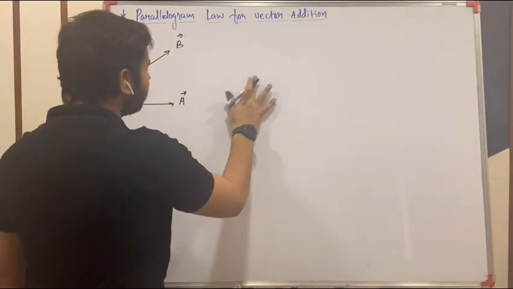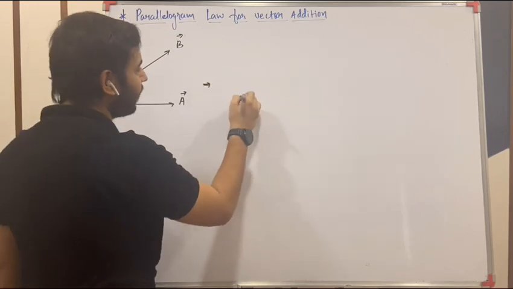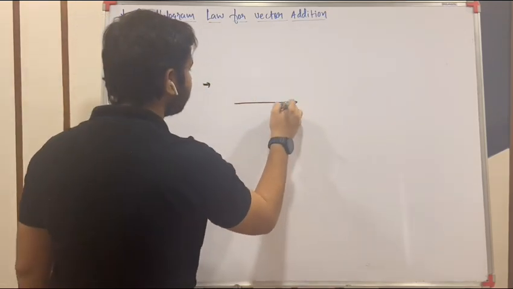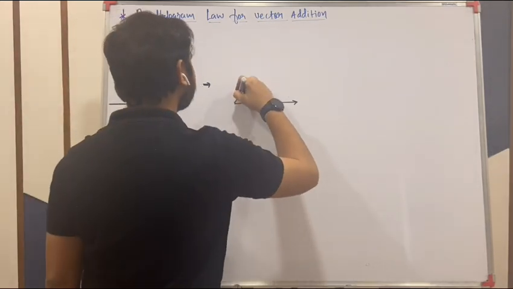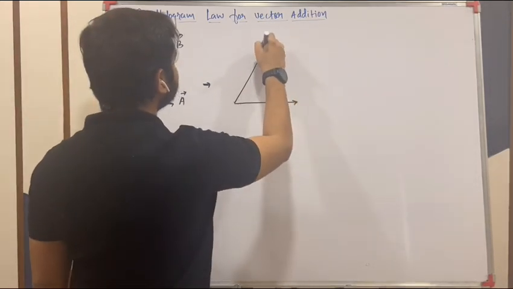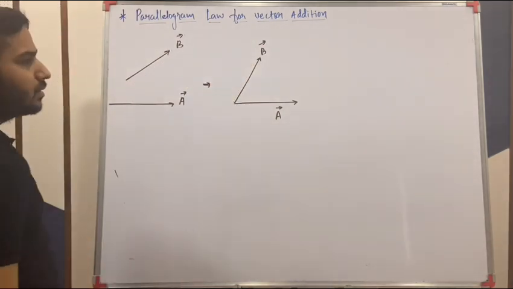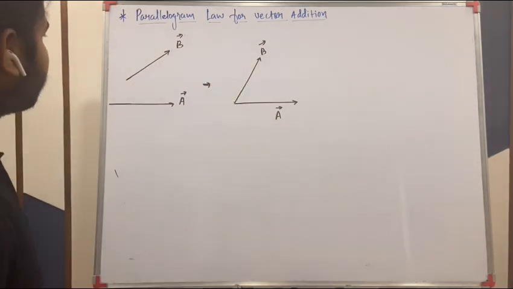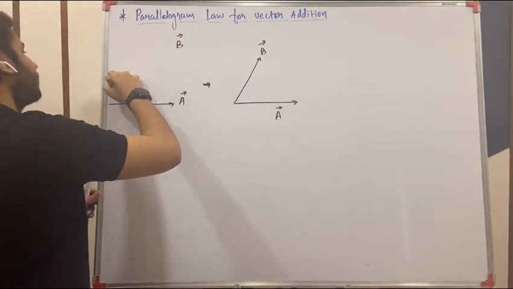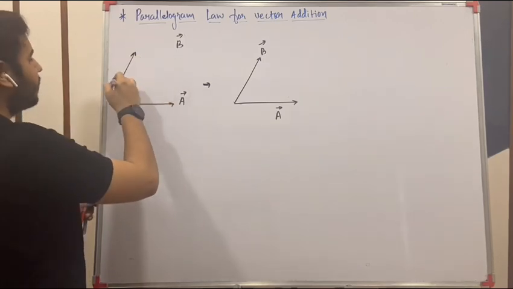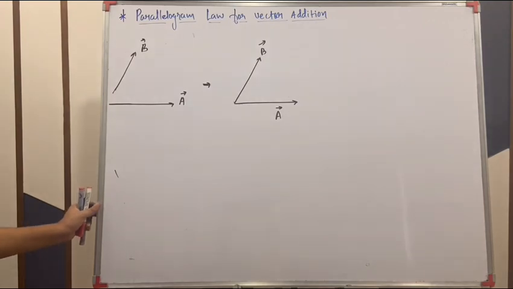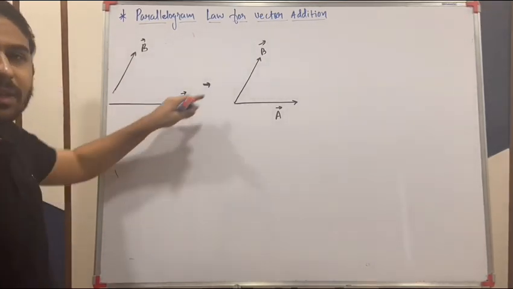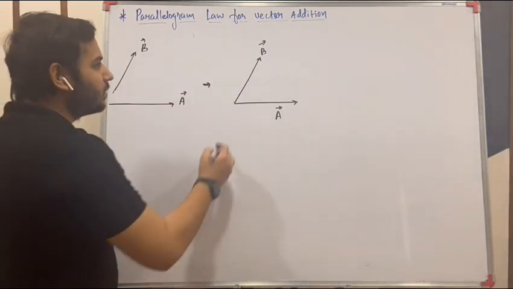Now for the parallelogram, this is A, and this is B, parallel to this. Say this is B. Now this A to A, B to B, join their tails.